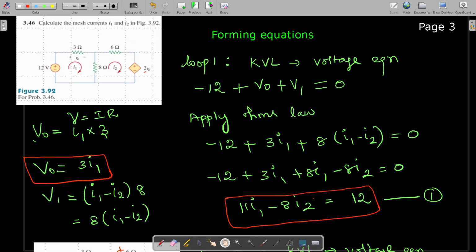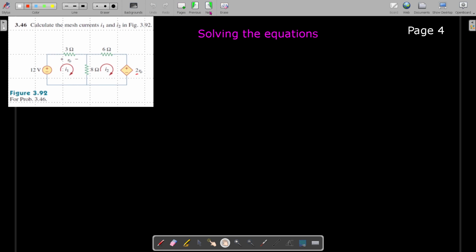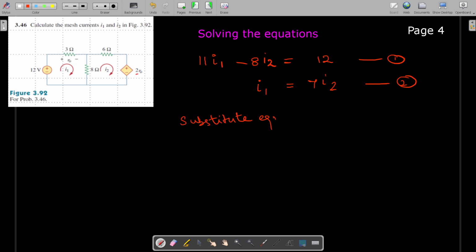So now we are moving on to page 4. So what is page 4? It is solving the equations, right? Now substitute equation 2 in equation 1. So it is 11 into, instead of I1, you can write it as 7I2 minus 8I2, that is equal to 12.